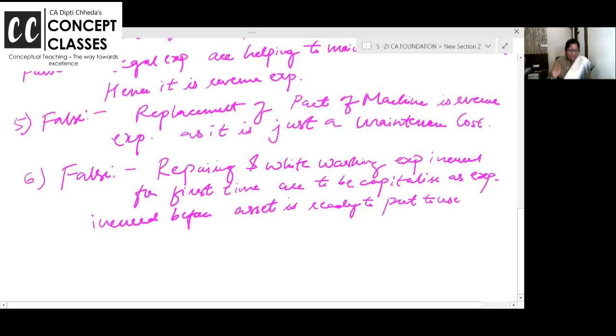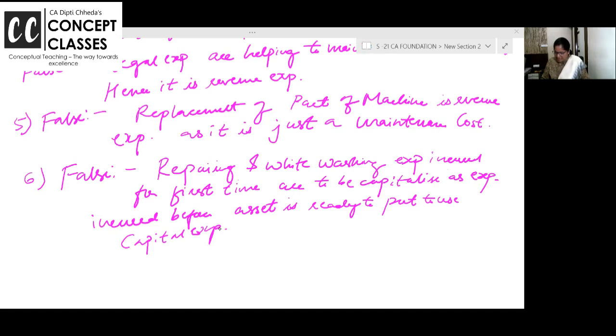Before the asset is ready to put to use. Okay? So they are capital expenditure and not revenue. You have incurred whitewashing and painting, denting for the first time before you take the possession of the building. Finished writing this?